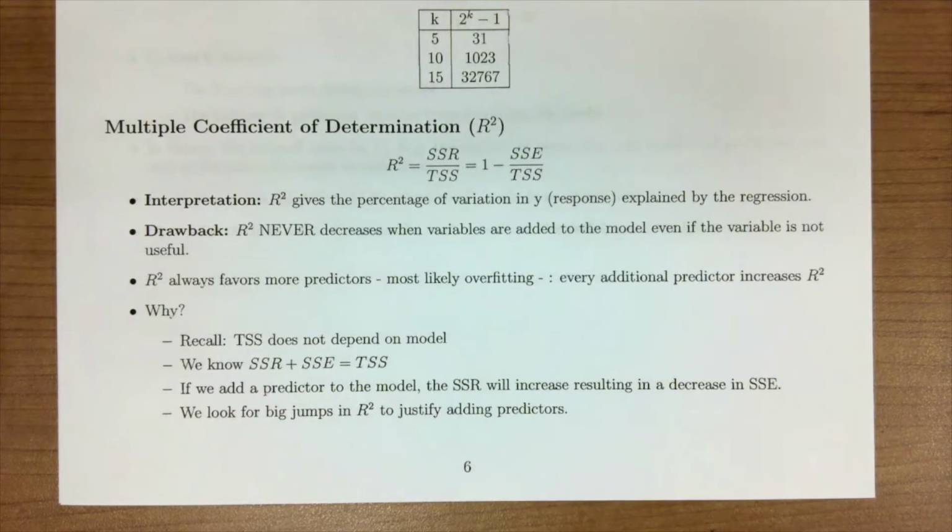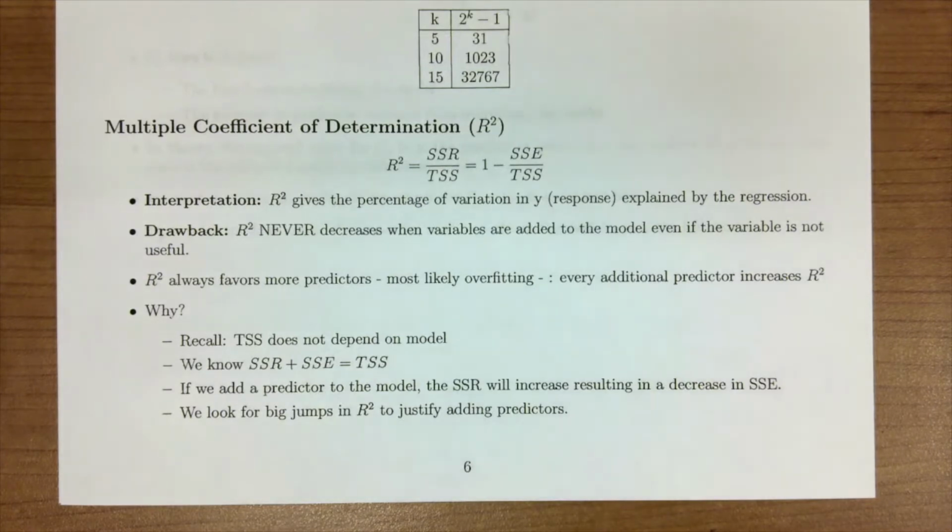The drawback of R squared is that it's never going to decrease when variables are added to the model, even if that variable is not useful. I'll explain why in a moment. R squared is always going to favor more predictors, and it's always going to tend to overfit models as we increase our predictors.